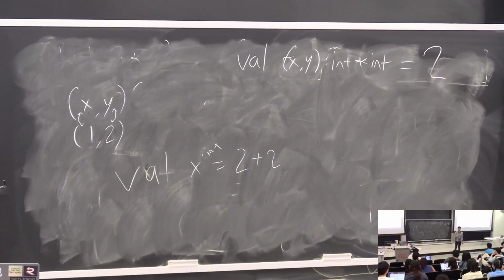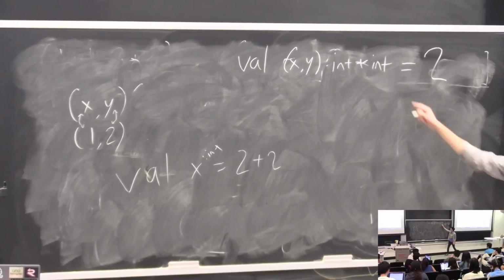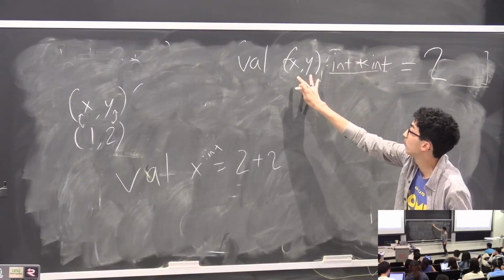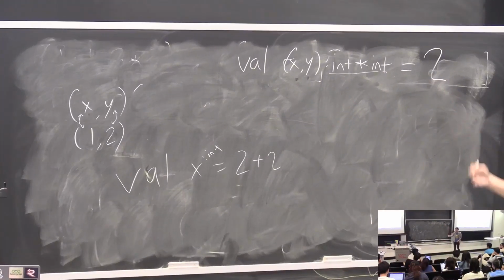Does anyone see a problem here? Yeah, the right-hand side is just an int. It doesn't type check. Not only did I put a type annotation here that says it should have been something else, but even so, this pattern expects a tuple, and that's not a tuple. So yeah, we would get a type error here.